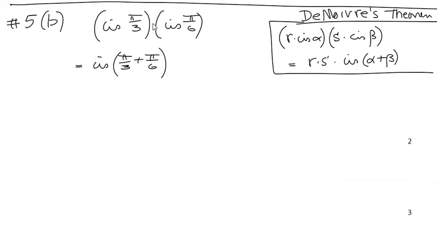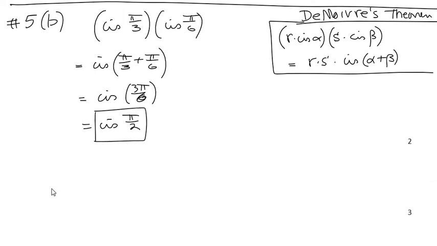All right, so when we multiply numbers that are in modulus argument form, we always add their arguments. So let's see, that's 2 pi over 6 plus 1 pi over 6 makes 3 pi over 6, which of course is pi over 2. Right, so this is the modulus argument answer there.